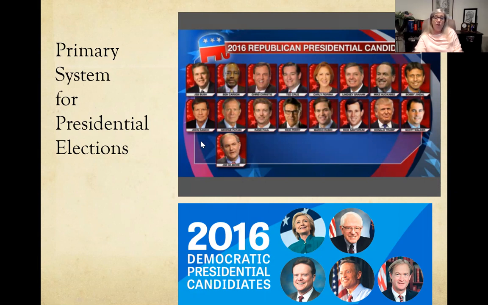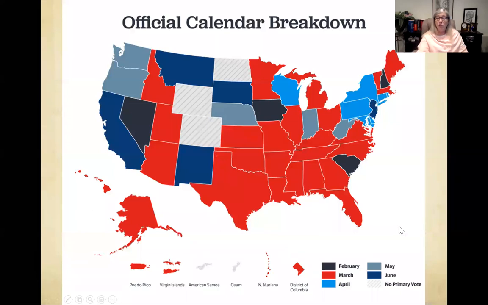And over the course of the primary system, it turned out that Donald Trump became the Republican nominee. And then in 2016, Hillary Clinton became the Democratic nominee. And so at that point, then you go in November to the general election to choose between these two candidates. But the primary system was established as part of progressive era reform in the early 1900s.